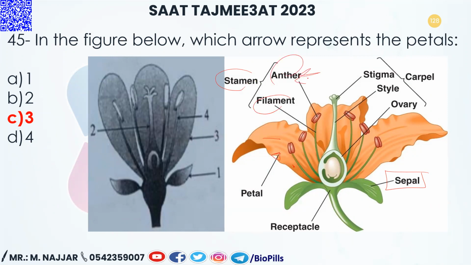Anther is a pollen-producing organ. And we have the female organ, which is known as carpel. Carpel is made up of stigma, which is the pollen-receiving organ, and then the style, transporting the pollen from stigma to the ovary. Inside the ovary there is the ovule, and inside the ovule there is the female egg cell.